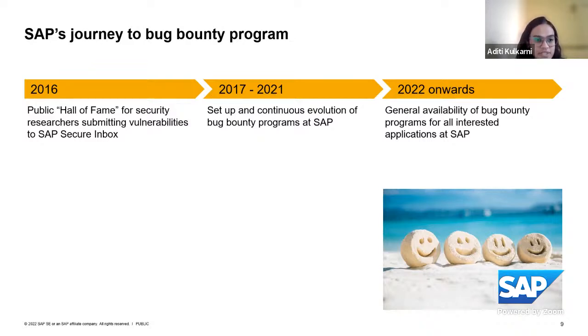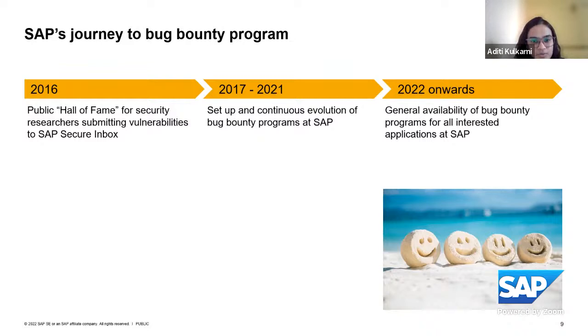But during 2016, 2017, we started identifying that we also wanted to have a bug bounty program in SAP, and then we started checking for the various things and started to set it up. As I said, it's easier to define, but a more sophisticated setup needs to be maintained in the organization.